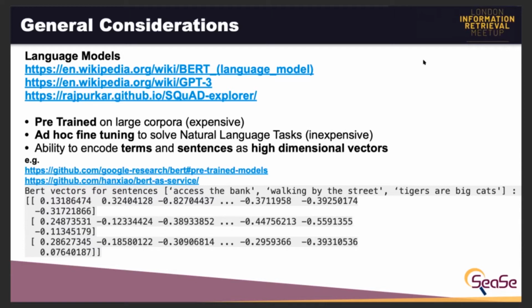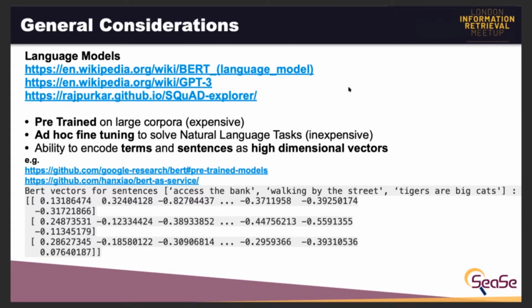So what is a language model? Normally, they are pre-trained on large corpora, which is a very expensive task, because by large corpora we mean, for example, the entire Wikipedia or equivalent. This is done to have the model understand sentences and also the way terms are related to each other.